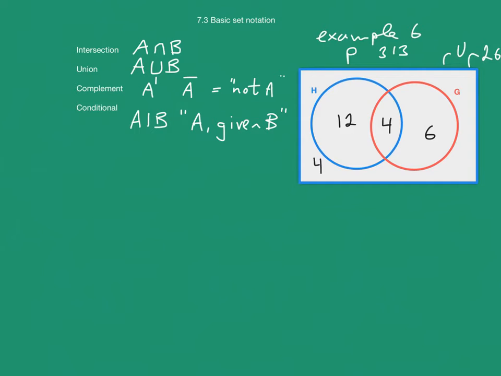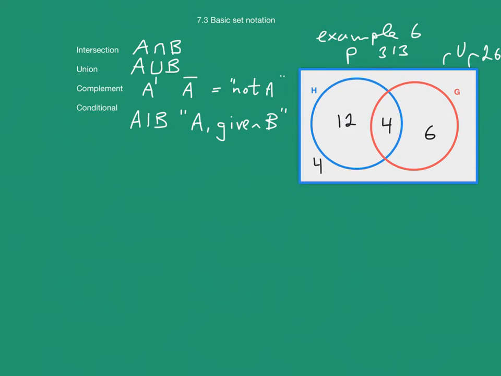We could also express something more complex, like the union of G and the intersection of G and not H. So the intersection of G and not H, that would be the set that contains G and not H at the same time.